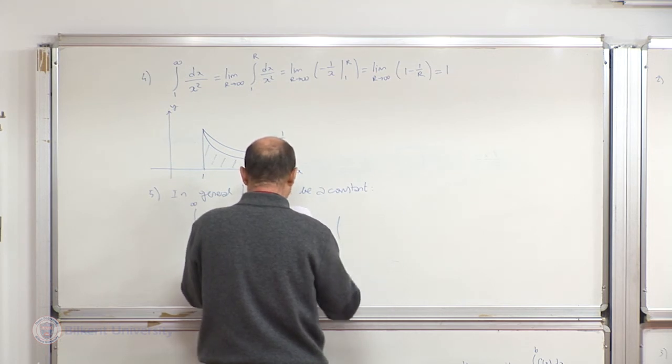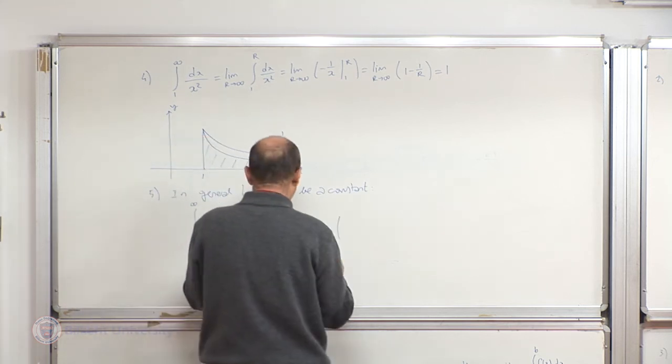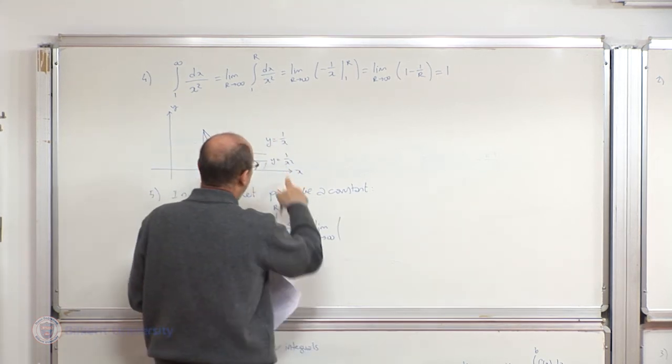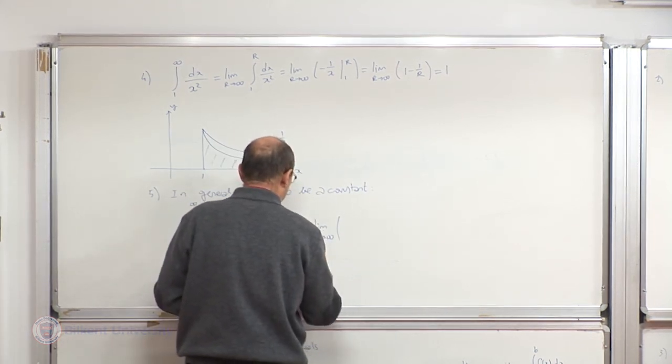Let us say p is different than 1, because here we know what p is when it equals 1. So p is different than 1.